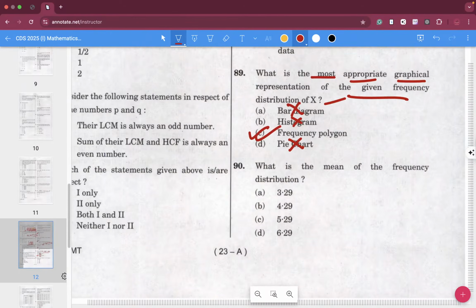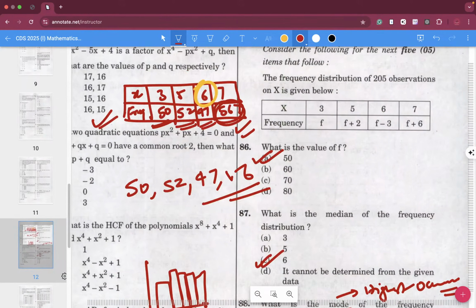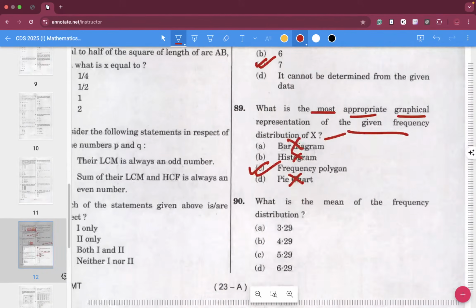Now they are asking what is the mean of the frequency distribution. I am writing all of this again over here.